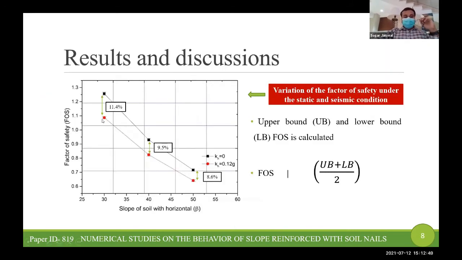Now these are the differences in the values of the factor of safety before applying the seismic force and after applying the seismic force. Two analyses have been performed. One is the upper bound and the second is the lower bound. After taking the average of both values, the factor of safety has been decided.